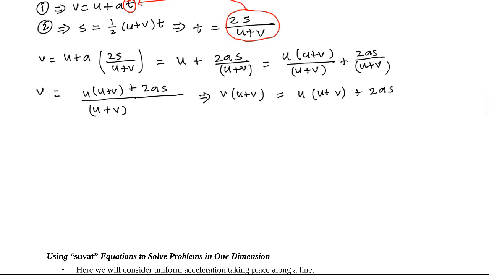Right, now I can expand these brackets, and what I get is vu plus v squared is equal to u squared plus vu plus 2as. Now I can subtract vu from both sides of the equation.